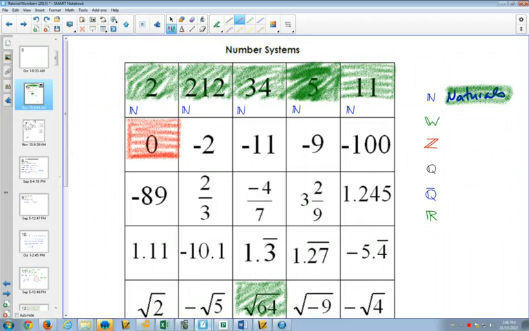For whole numbers, you're going to put a W with the 0. But since all of the natural numbers are also whole numbers, you're going to add a W to each of these. Those ones are going to be both.